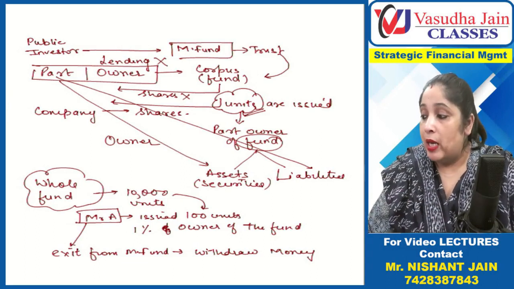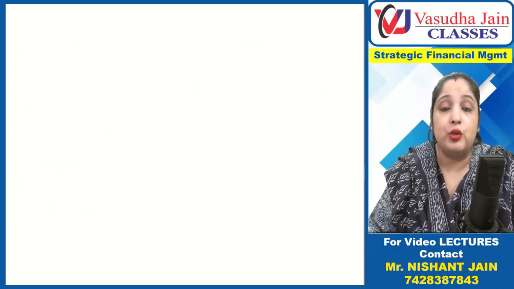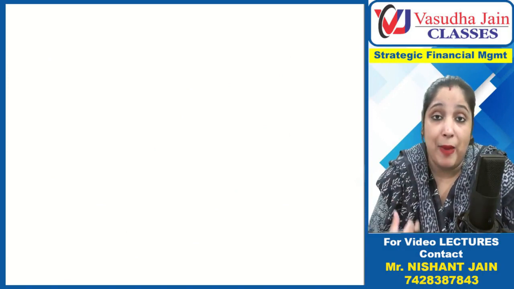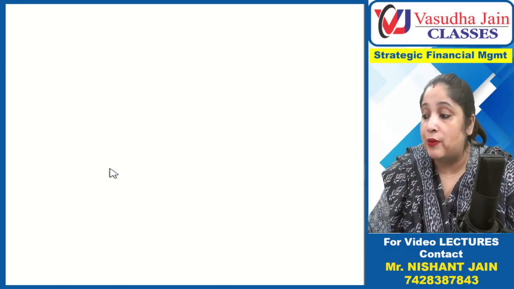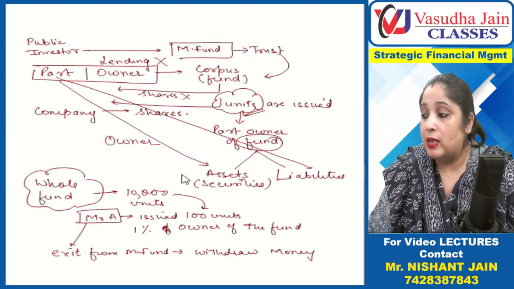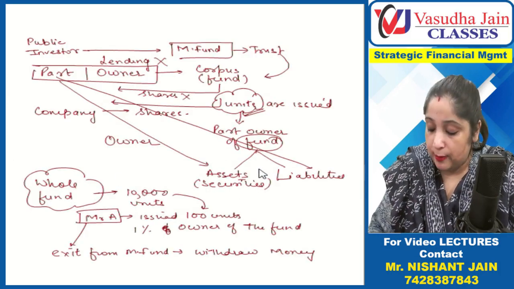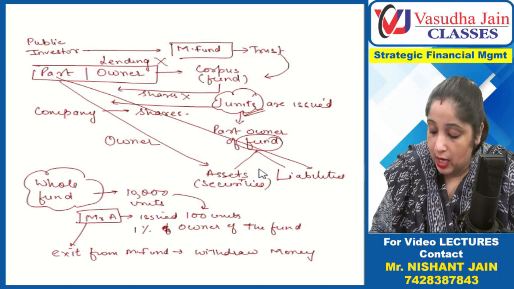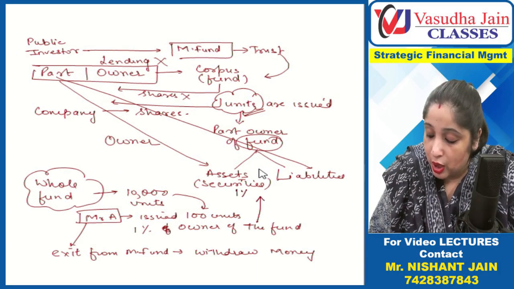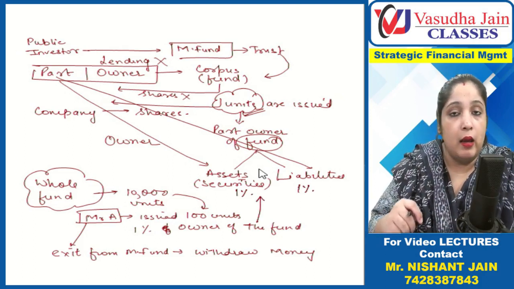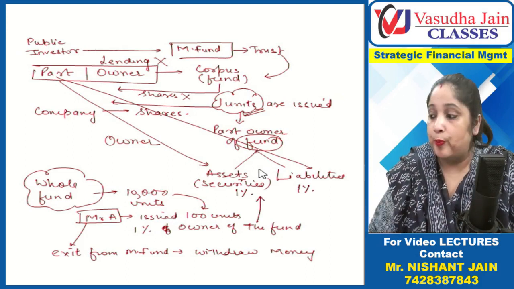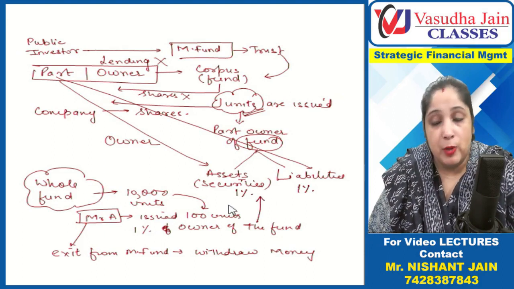Answer is no. If an investor wants to withdraw his money, wants his money back, his percentage share in the assets will not be sold. In the case of Mr. A, he has 1% shareholding in the assets, and 1% in the liabilities also. So will his 1% assets be sold for him?